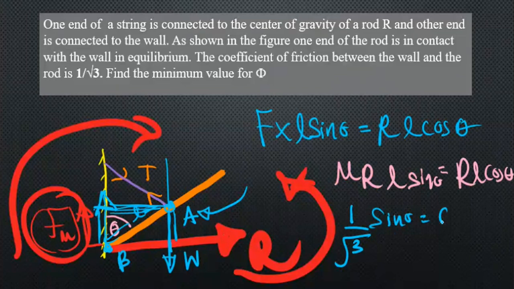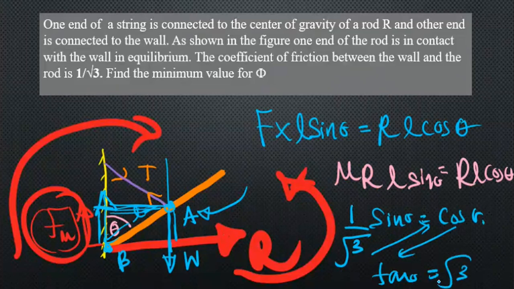We can bring cos theta over here. So sine theta divided by cos theta gives tan theta, and the mu on the other side gives root 3. Of course, you know tan theta equals root 3. So theta equals 60. This is our answer.